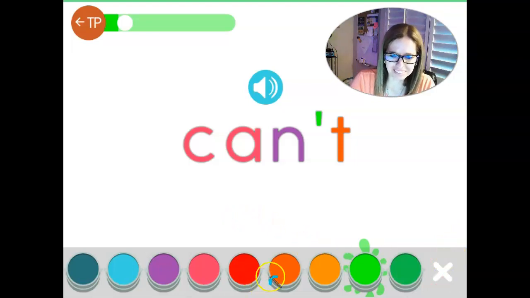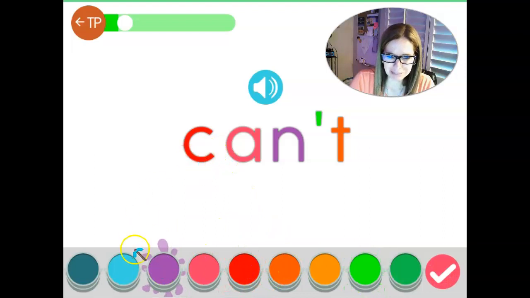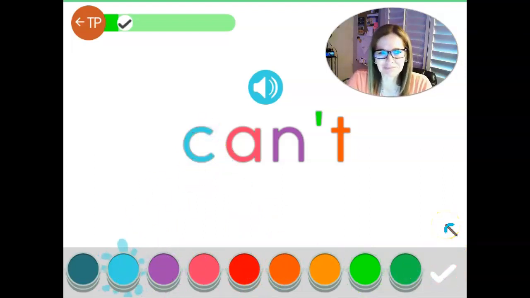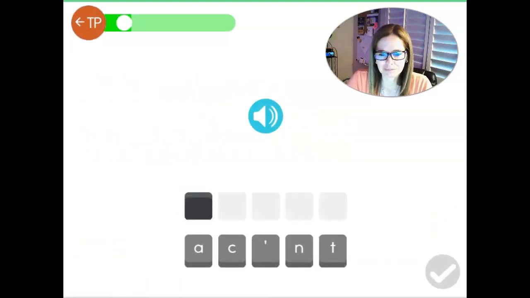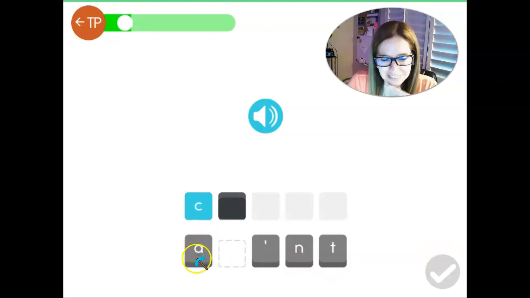Oops. It's not letting me go because I used the wrong thing. I have to be sure I use different colors. Can't. Now I'm going to spell the word can't. You can't do this? Oh, yes, you can. Still going to say my sounds.